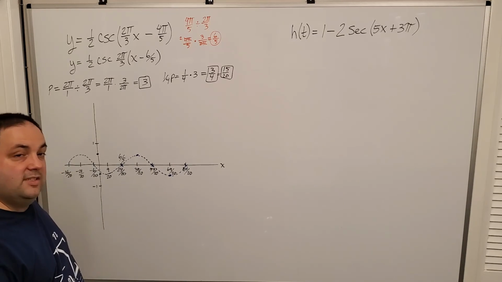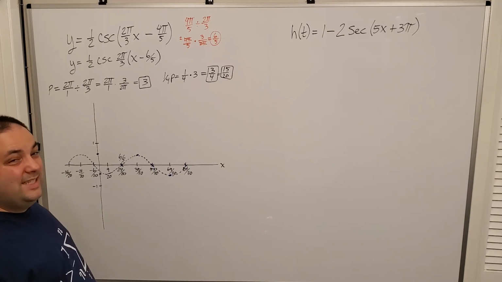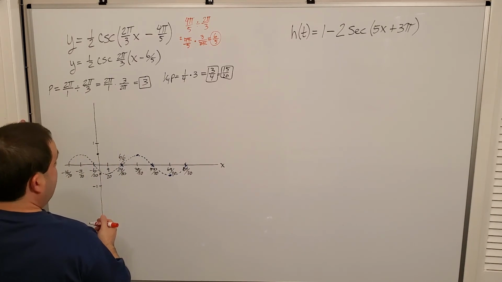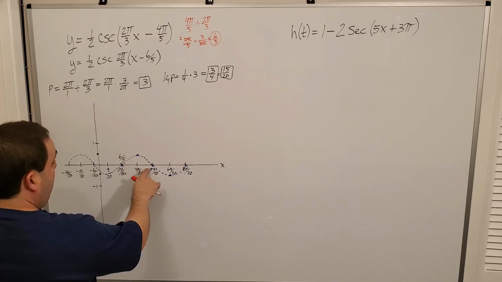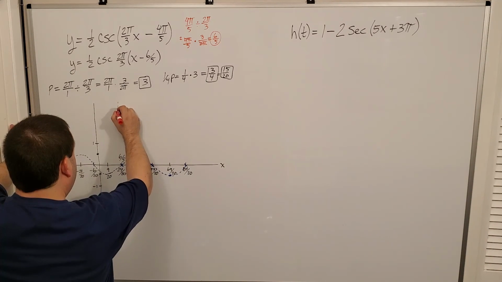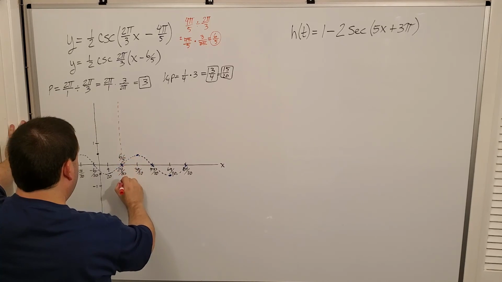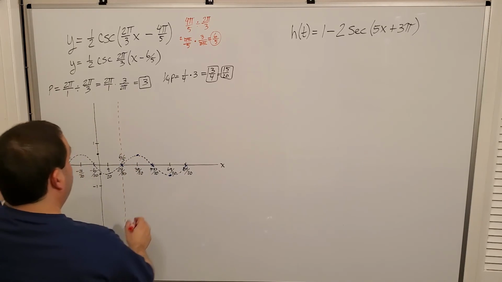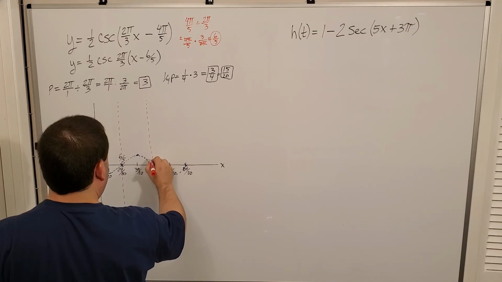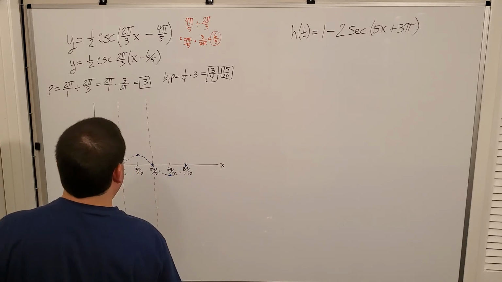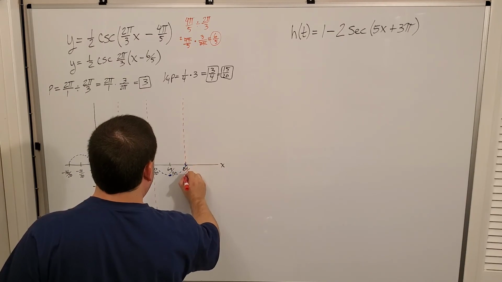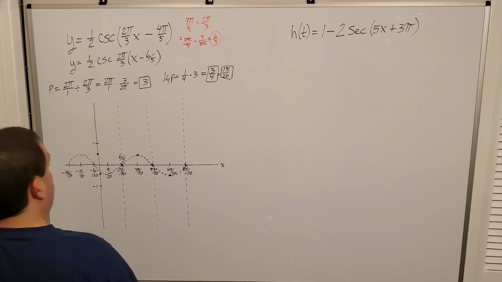Okay, but we're not interested in the sine. Remember, we want the cosecant. So let's see. I need asymptotes. That's going to be anywhere it crosses that center line. So 6/5 is a vertical asymptote. 54/20 is a vertical asymptote. 84/20 is a vertical asymptote.